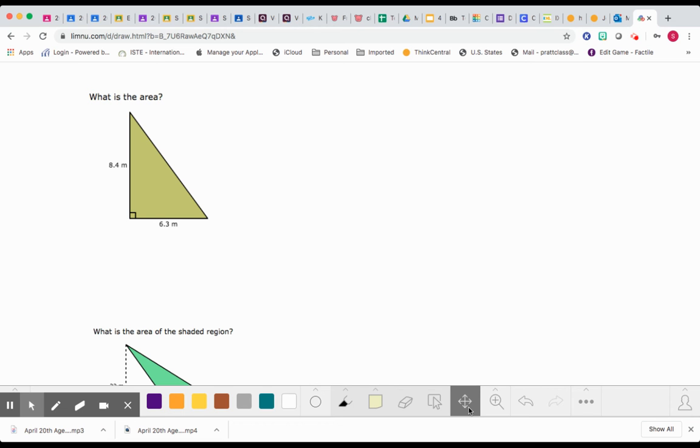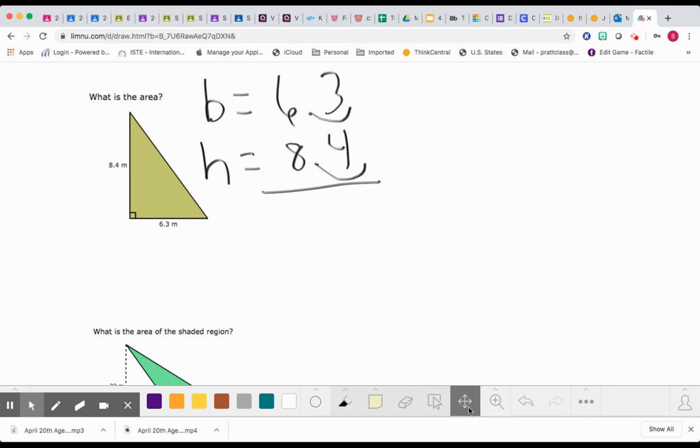Okay, so let's do our base, which is 6.3. Our height is 8.4. Okay, and we're going to multiply these together. So remember with decimals, you're going to move that decimal over to make it a whole number to help you multiply so you don't get confused. So 3 times 4 is 12.